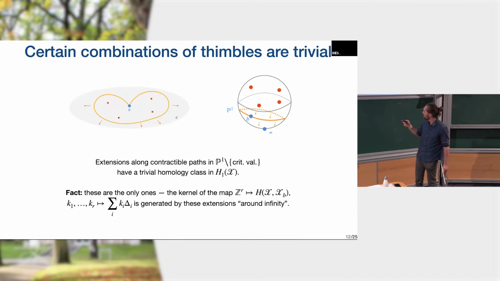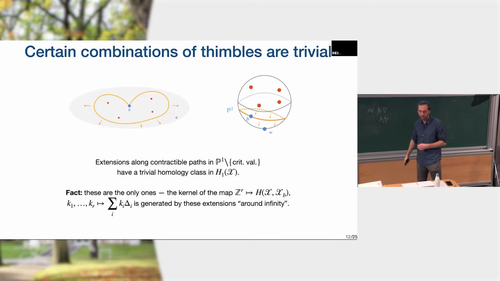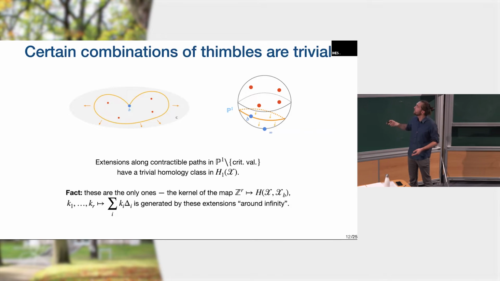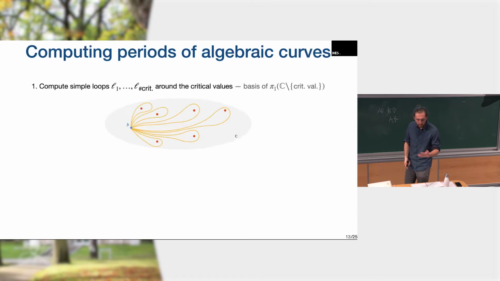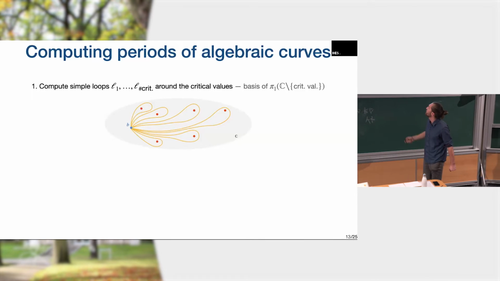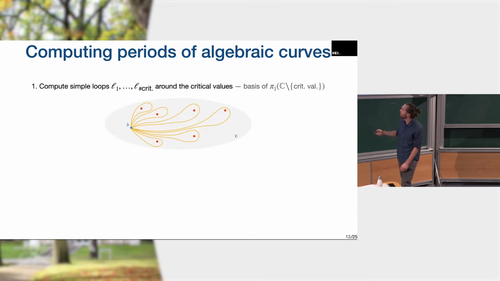If you cancel all these out, it turns out that these are the only trivial combinations of thimbles that have no boundary in the homology, and thus you can recover a basis of the homology. And this provides you some algorithm for computing the periods, well, the homology and then the periods, which goes like this.